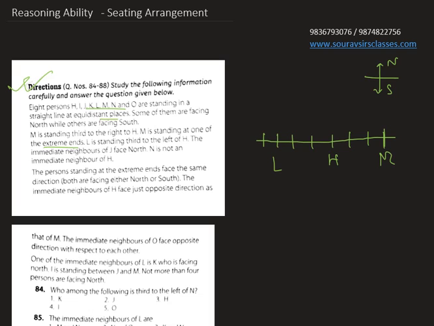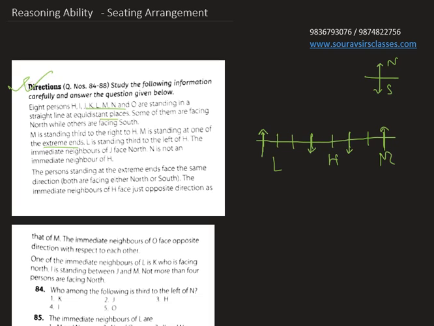So if M is facing north, then the one standing at the extreme end on the left-hand side is also facing north. The immediate neighbors of H face the direction opposite to that of M. Therefore, the immediate neighbors of H are facing south.